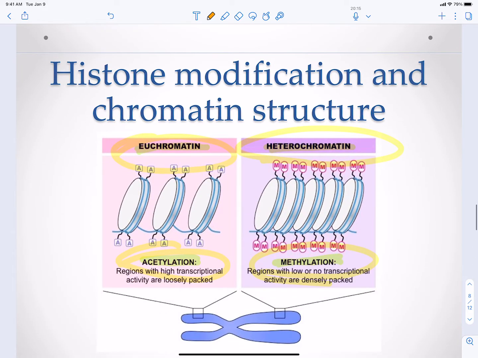So histones can be modified as well. Our histone proteins are going to be acetylated in areas where you're going to have expression of genes, and they're going to be methylated in areas where you're going to have silencing. So again, methylation is an epigenetic process to silence genes.